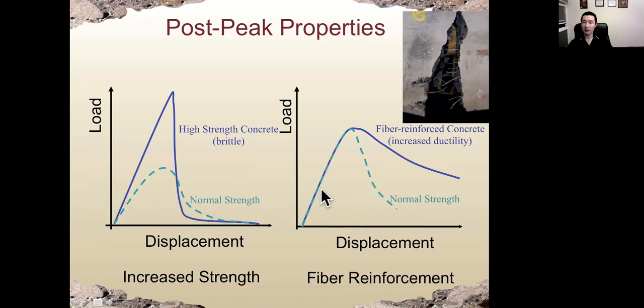If we put in fibers, thin fibers made of polymer or steel, it increases the toughness and also the ductility of concrete. We will have a future lecture talking about fiber reinforced concrete. When you put fibers in concrete, it will totally change the load and displacement behavior of concrete.